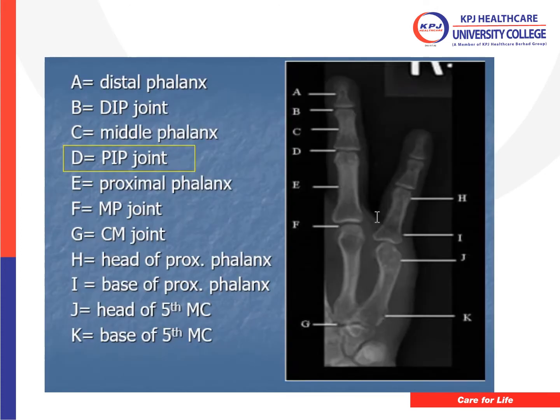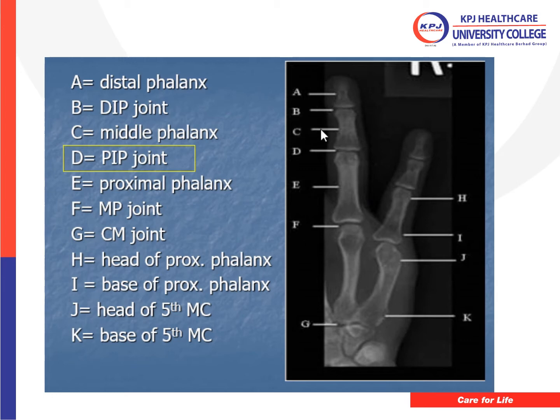And then, the centering points depend on what type of fingers. For most of the fingers or phalanges, the centering point is at the proximal interphalangeal joint, PIP. So we pointed here, D is the centering point for all of the fingers. We can see here A, distal phalanx.